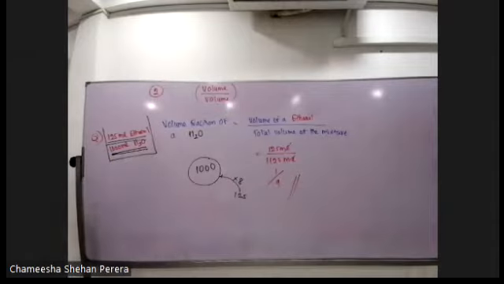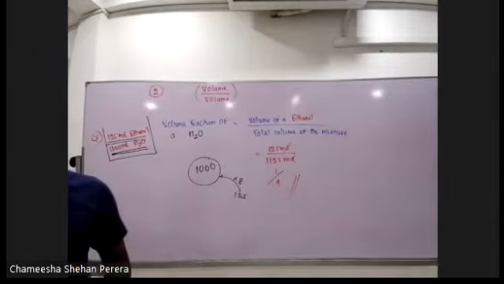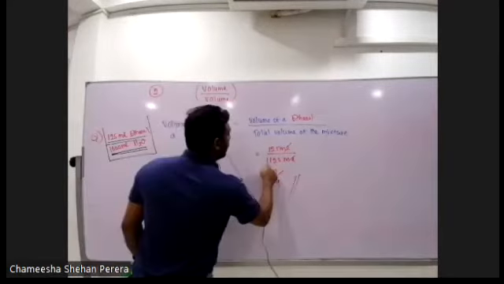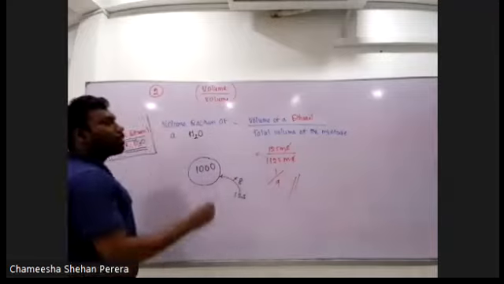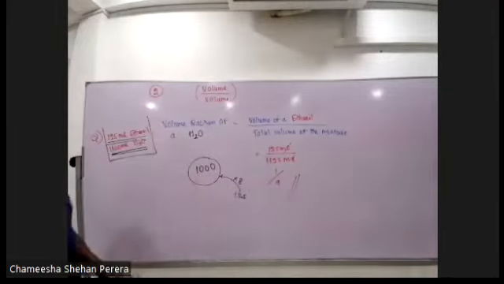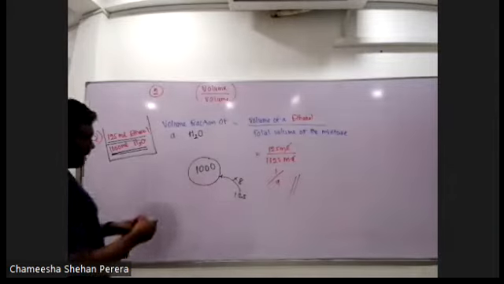Did you get that? Yes, I understood. Right. So in the total mixture you have 1125 ml, and 125 fits into 1125 nine times, right? Yeah, perfect.